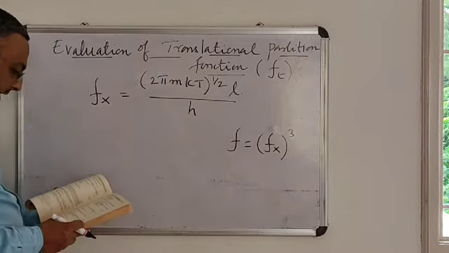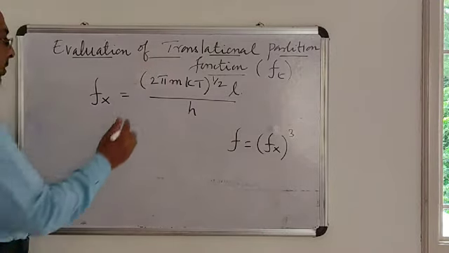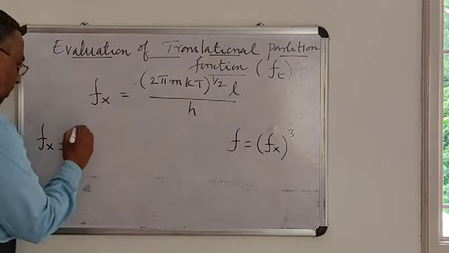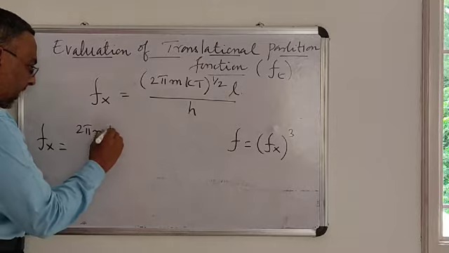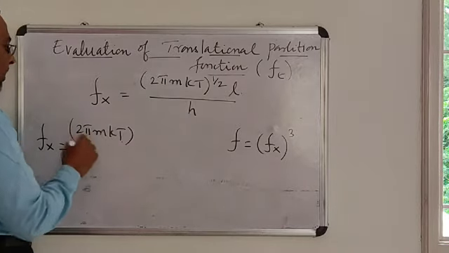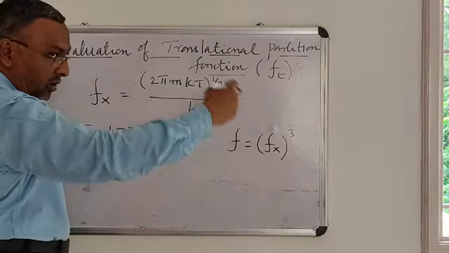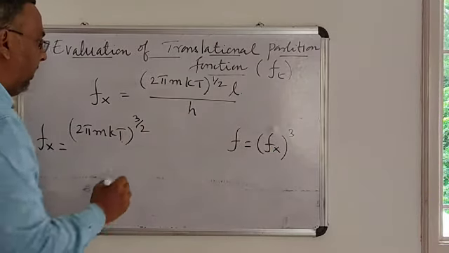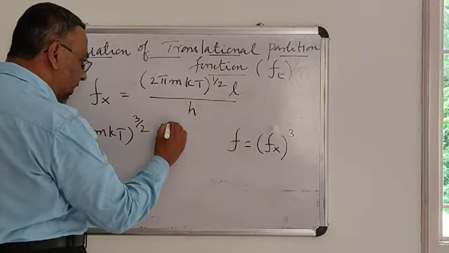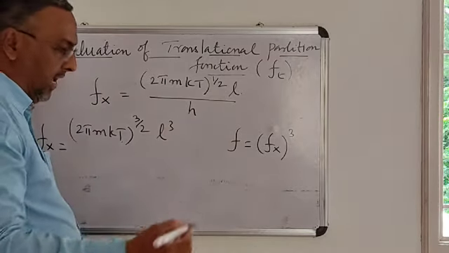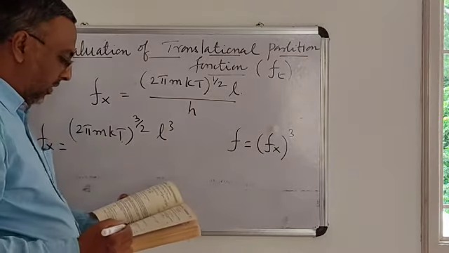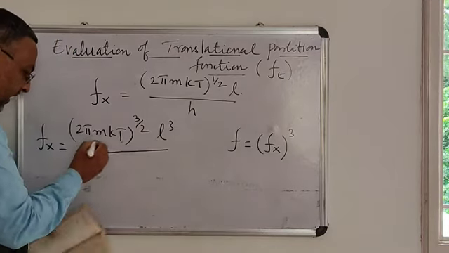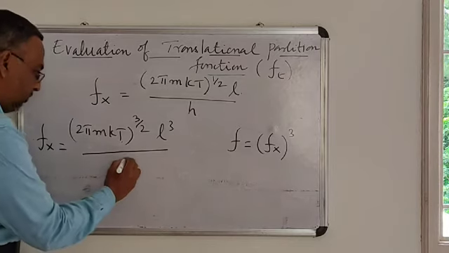Put together, f is equal to (2 pi m kT), half into half will become 3 by 2, and L will become L cube, because of three directions, divided by h cube.